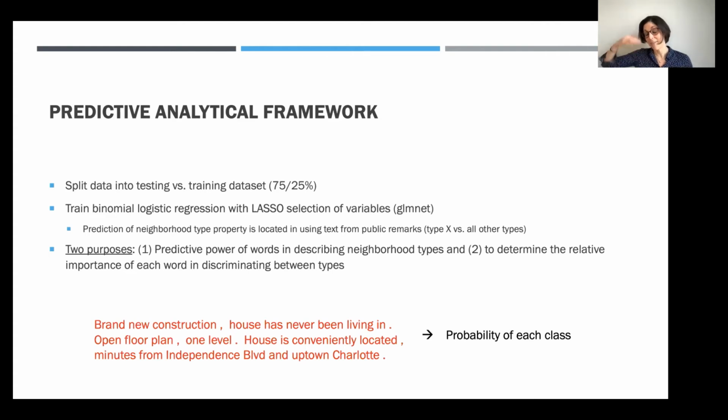And our thinking was eventually down the line, if we wanted to predict how a neighborhood is changing, if a lot of properties were being advertised for a type of neighborhood that it's currently not classified as, then we have an indication of how that neighborhood might change.